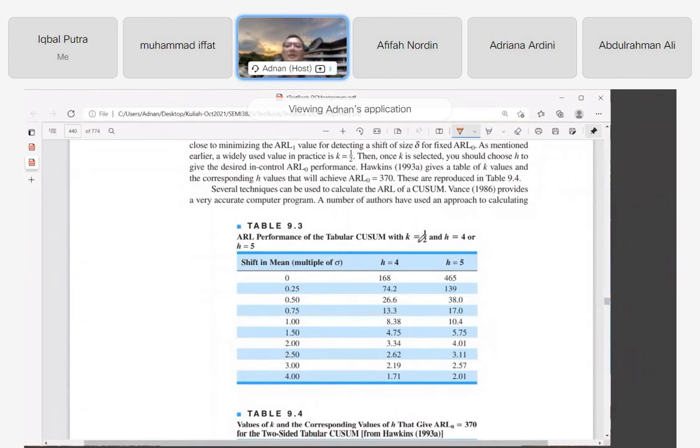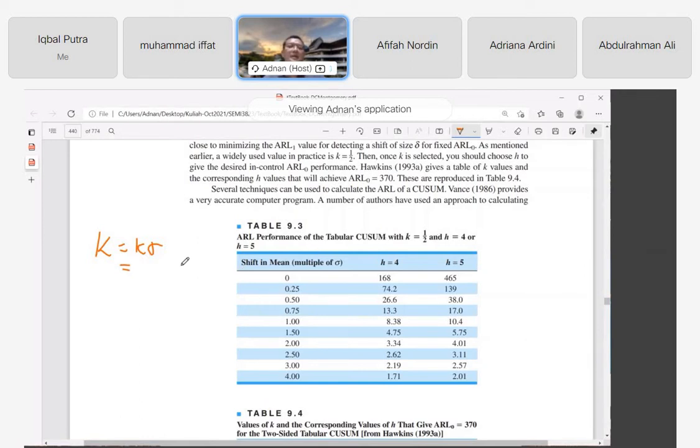For example, you are targeting to have k of 1/2. So k equal to k sigma, meaning here k is 1/2, which means 0.5 sigma.